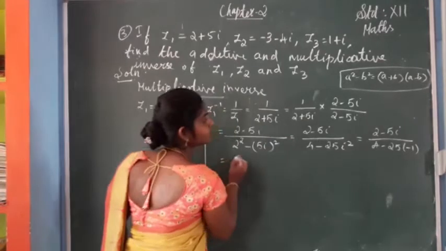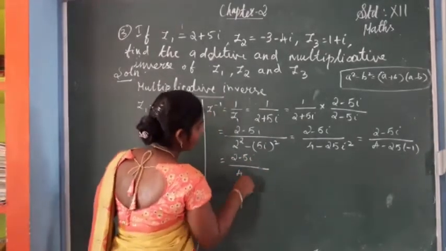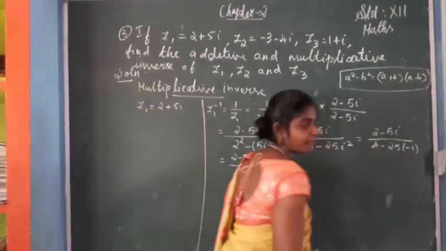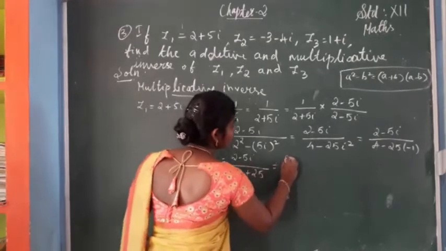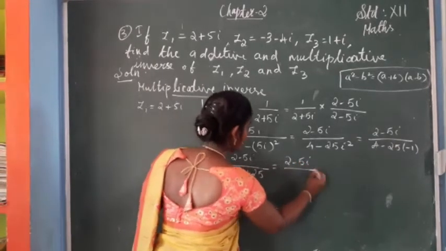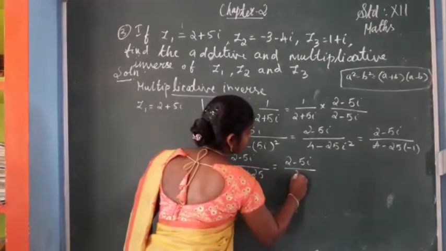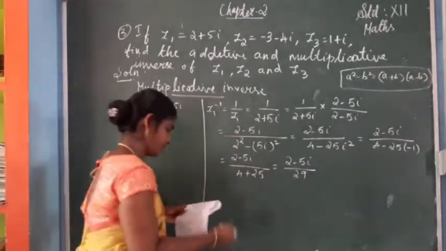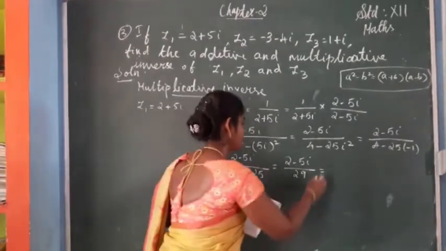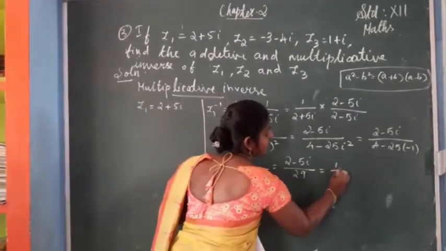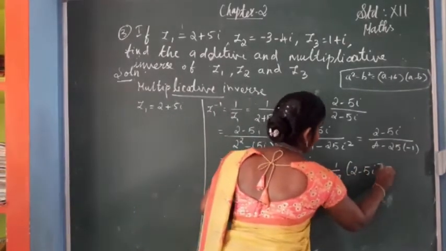That's equal to 2 minus 5i divided by 4 plus 25, the value is 29. So that's equal to 2 minus 5i divided by 29.